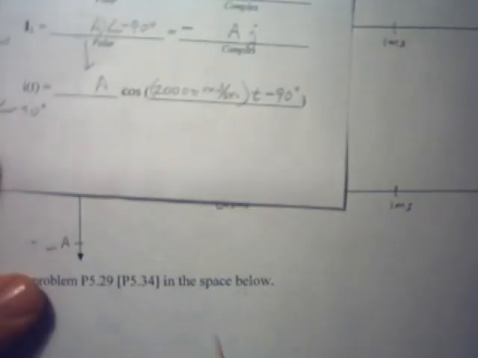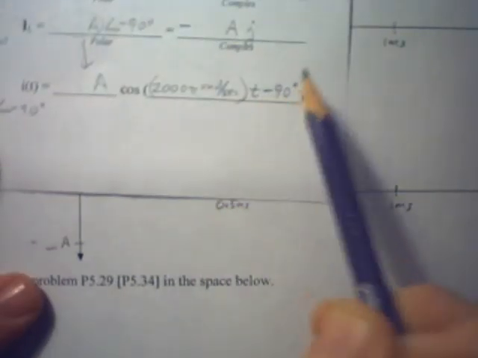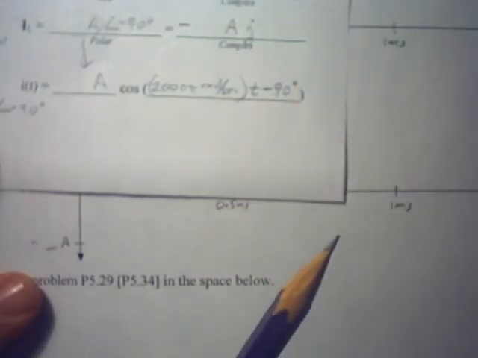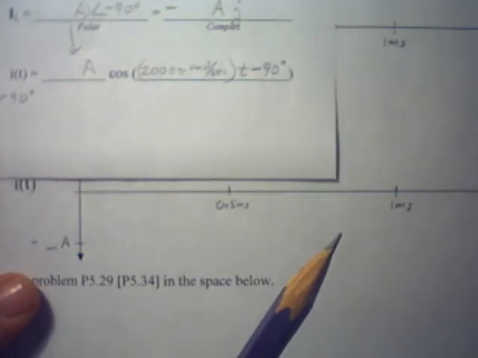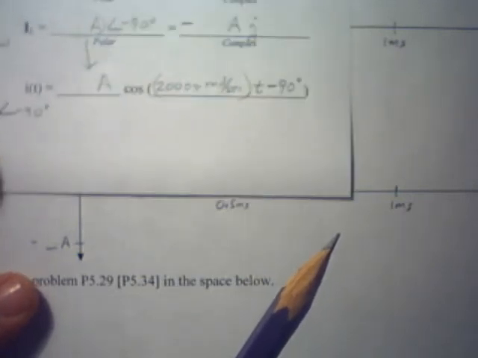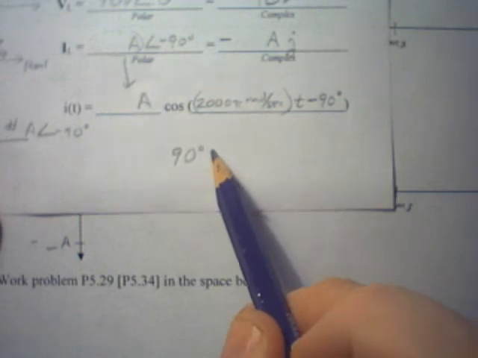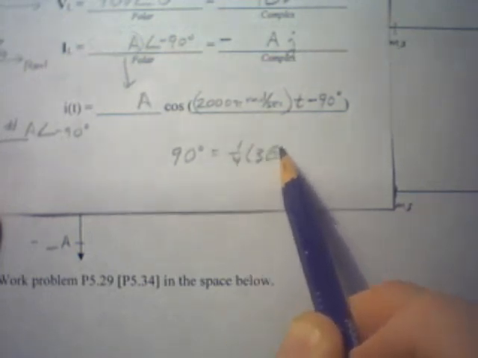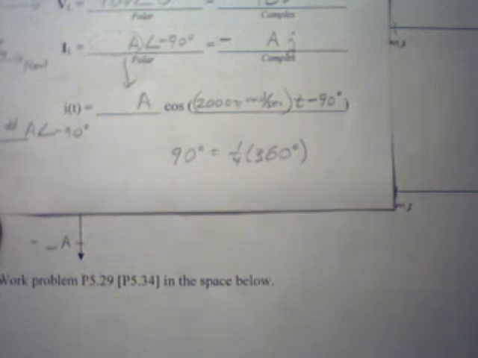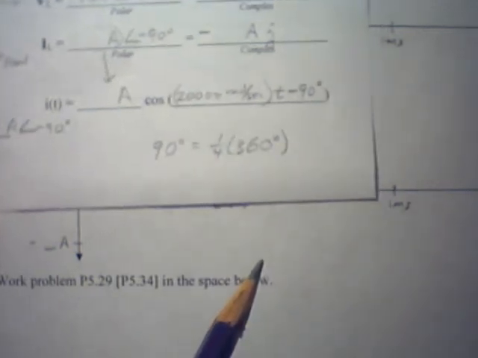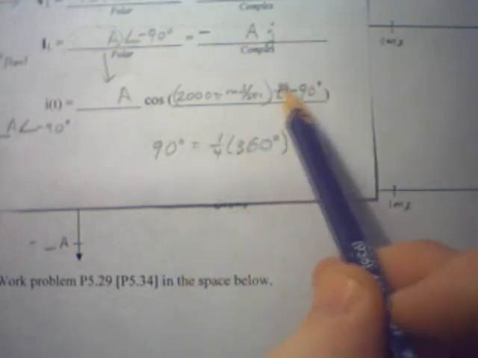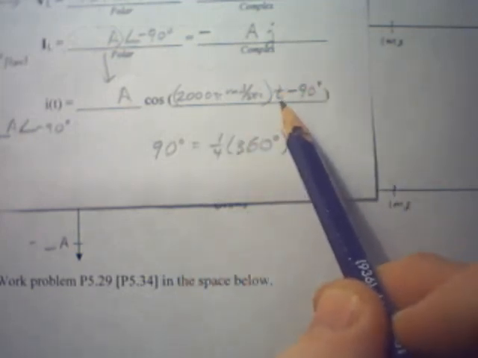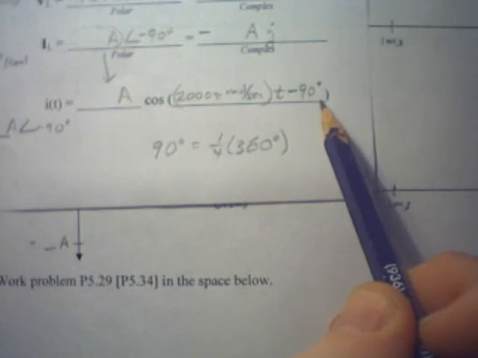Then on this one you see that it's out of phase by 90 degrees. Alright, so how do we deal with that? 90 degrees is 1/4 of 360 degrees. This means that the peak of this has to happen sometime in the future.